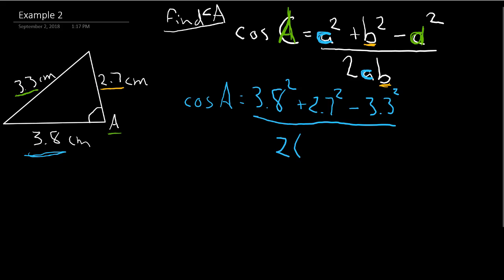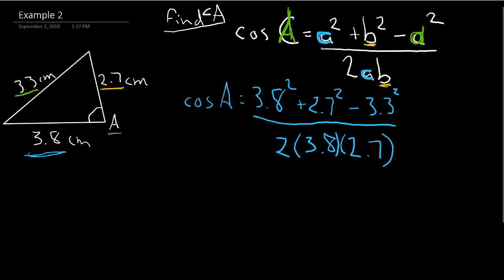Our C is in light blue, that's 3.8. And times B, which is in yellow, which is 2.7.